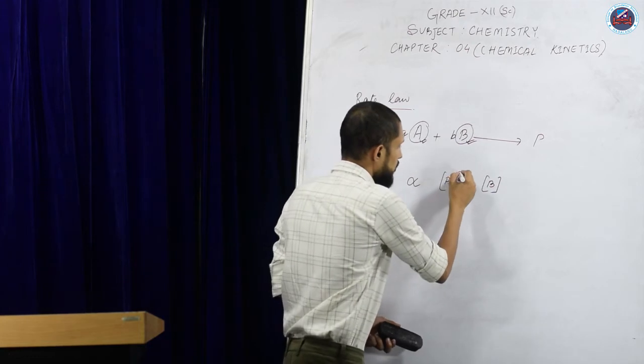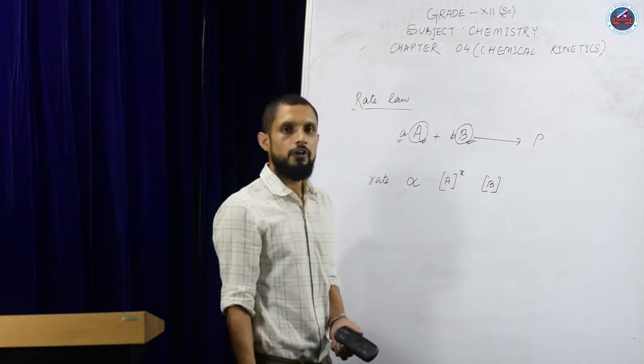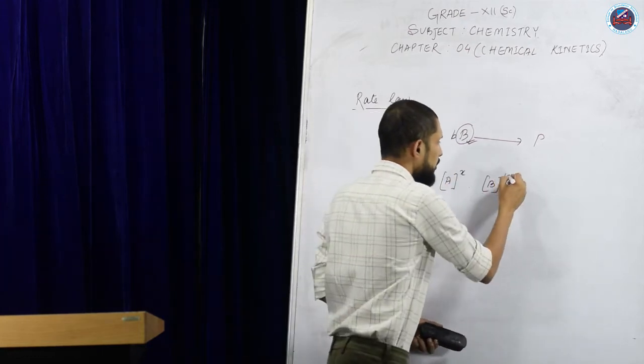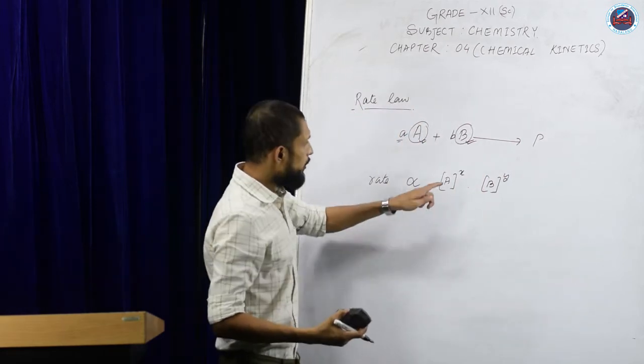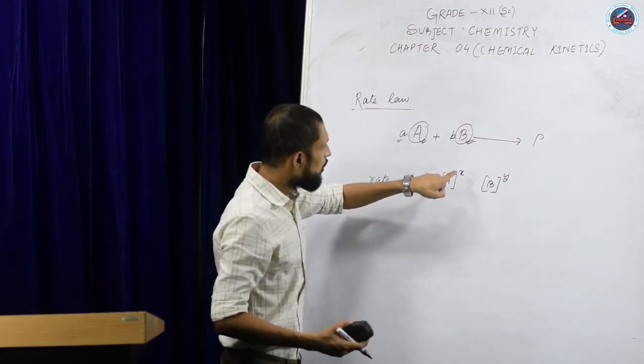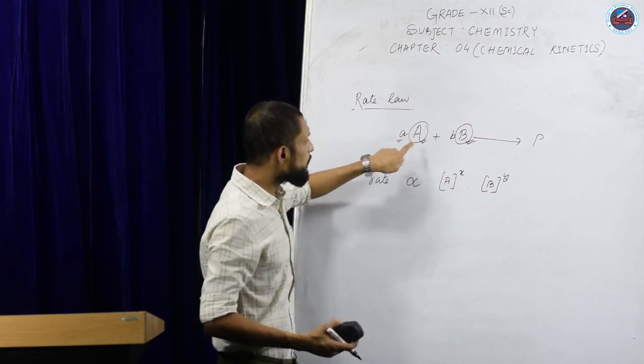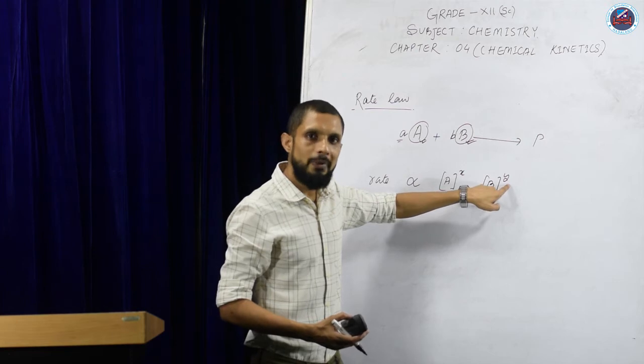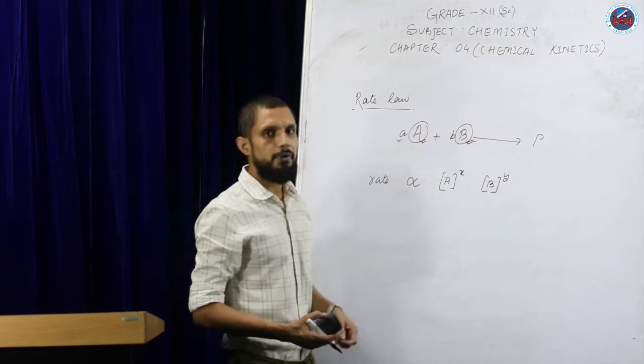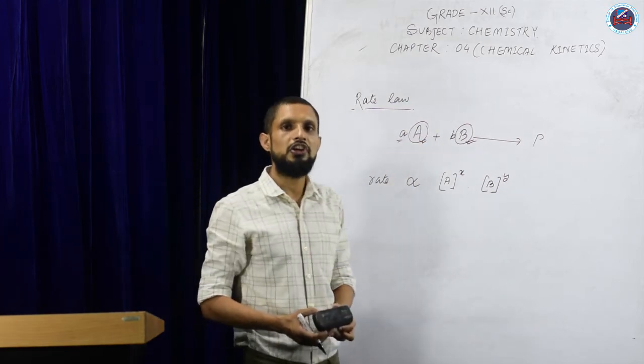So let the power of A be x and B be y. Now here in this rate law, x may or may not be equal to a, y may or may not be equal to b. It depends on the nature of reaction.